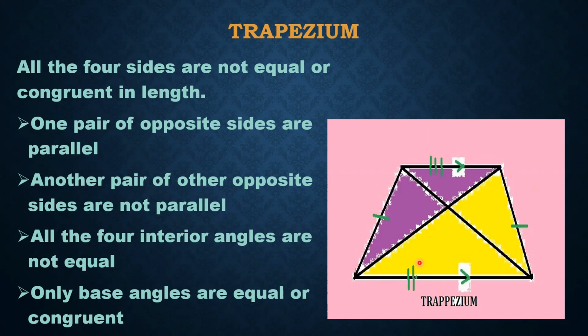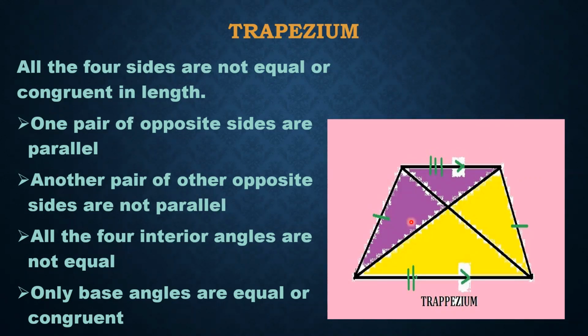They will never meet. The two horizontal lines will never meet. But the other opposite lines here, when you extend them upwards, they will definitely meet somewhere here. So this side and this side are not parallel, okay?